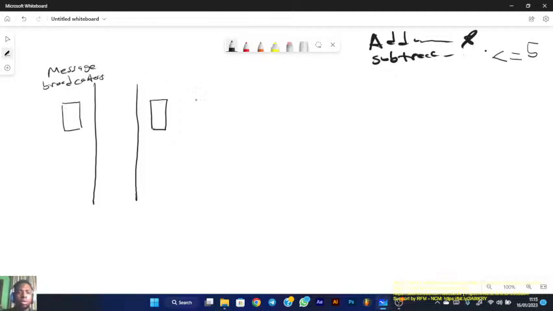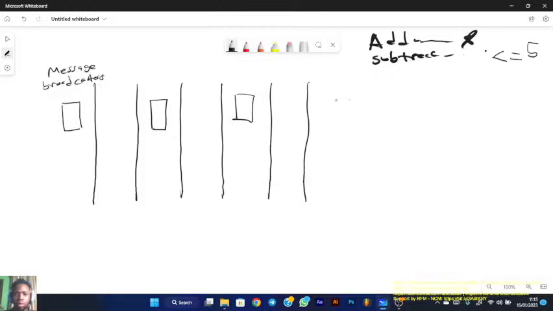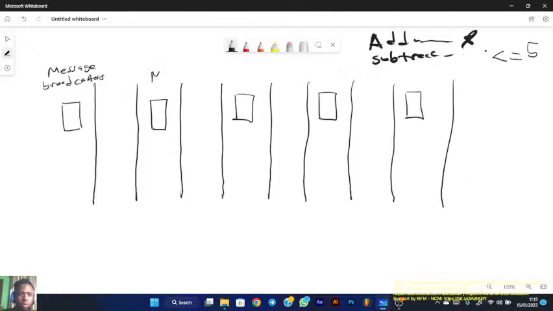So 3, 4, and 5. So message broadcaster, message broadcaster, message broadcaster. So this is 1, 2, 3, 4, and 5.